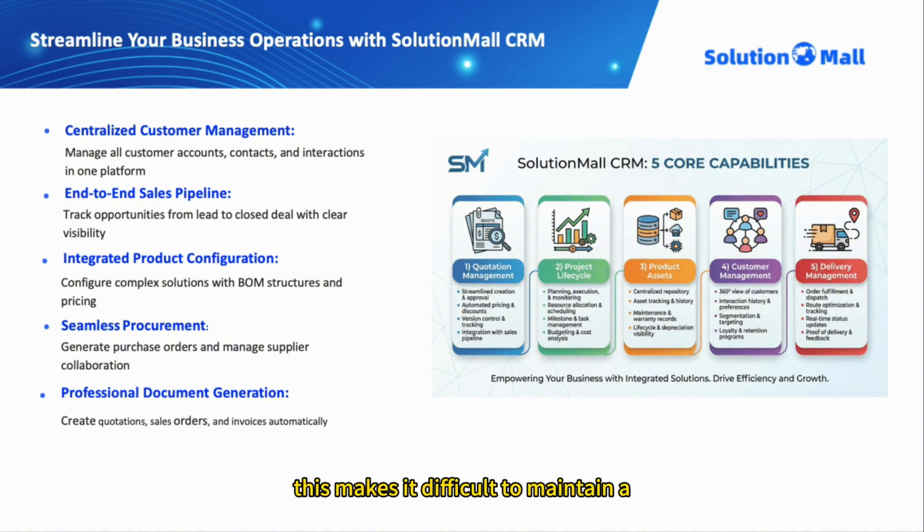This makes it difficult to maintain a clear view of customer relationships. Inside the SolutionMall CRM, all customer accounts, contacts, and interaction records are managed in one unified system. And this allows teams to access customer information easily and maintain consistent communication.